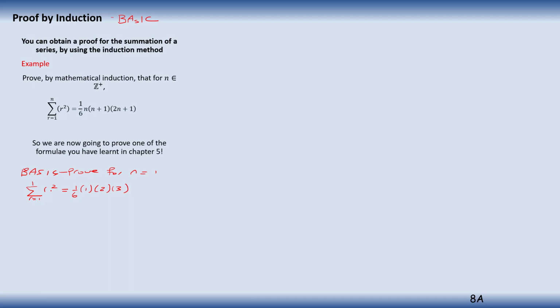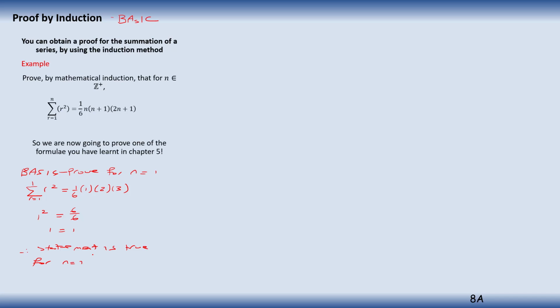So on the left hand side, you just have 1 squared. That's going to be equal to 6 over 6. So that means 1 equals 1. So the statement is true. It is true for n equals 1.